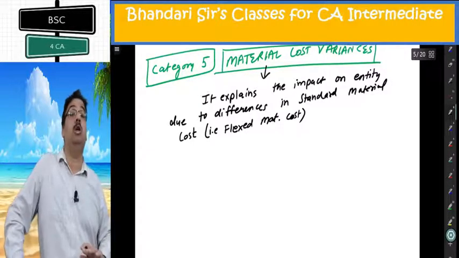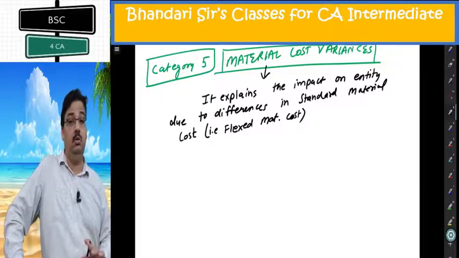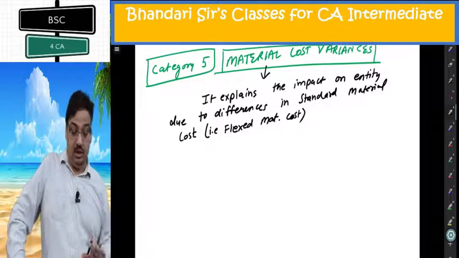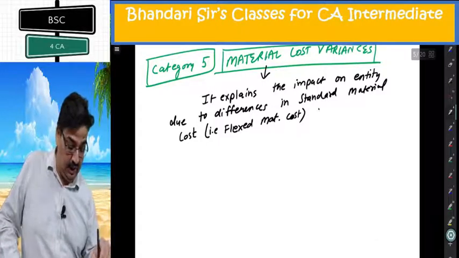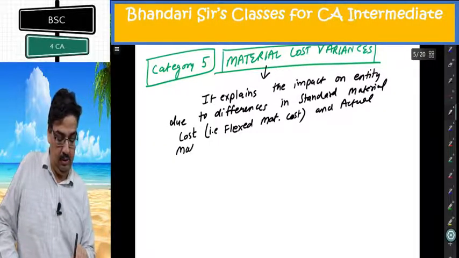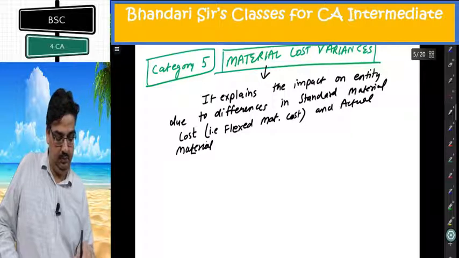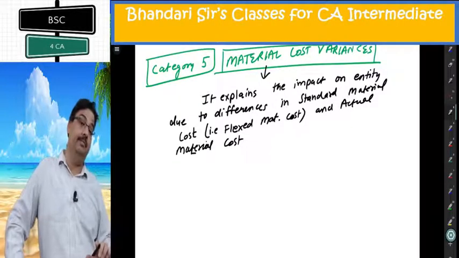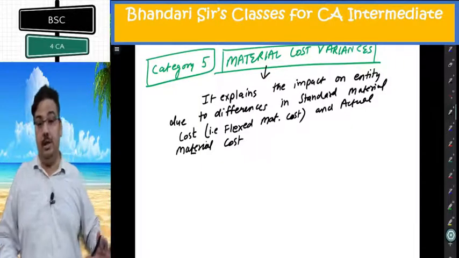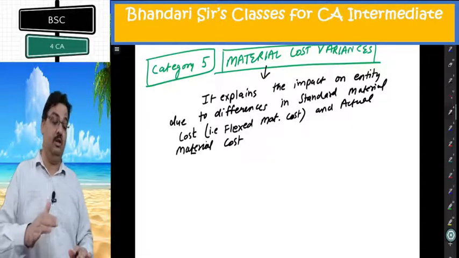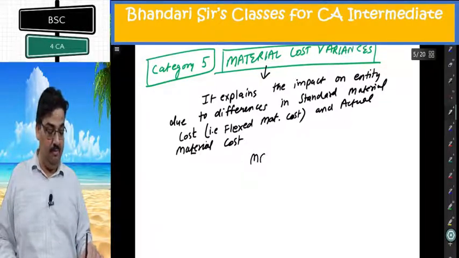In flexible budget, what was material cost? That is M4. We don't compare original budget because quantity of output can be different. We are considering flexed material cost and actual material cost. I have repeatedly told you the difference between budgeted and standard. Here we have nothing to do with budget, we are dealing with standard. Standard material cost and actual material cost, the difference is material cost variance. MCV, M4 minus M1.